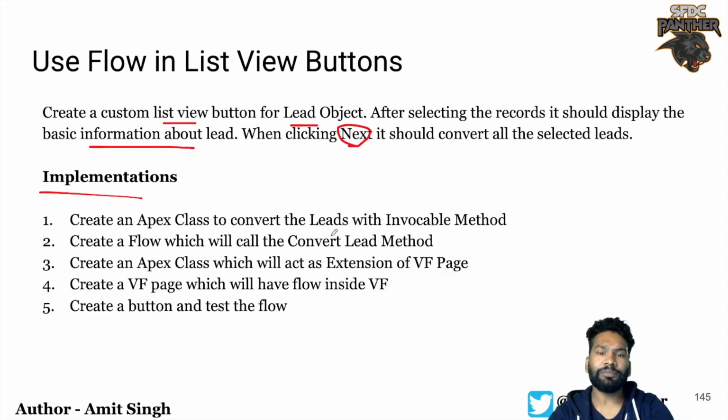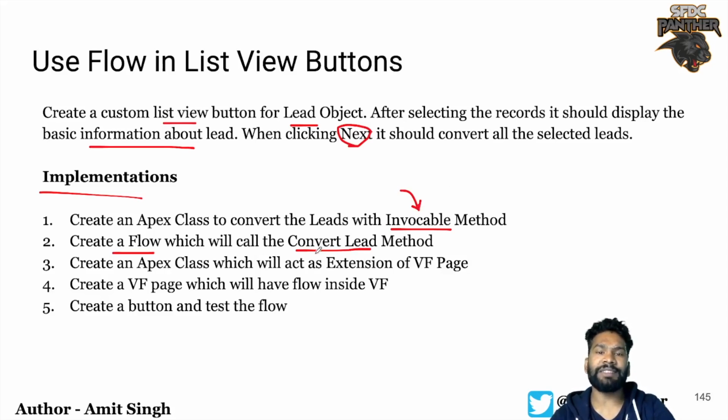Here we need an invocable method, because we want to call this Apex class from our flow, and whenever we want to call a class from a flow, we use an invocable method, as we learned in the previous videos. After that we will create a flow, and that flow will call the convert lead method that we will be developing inside our Apex class, and that method will be an invocable method.